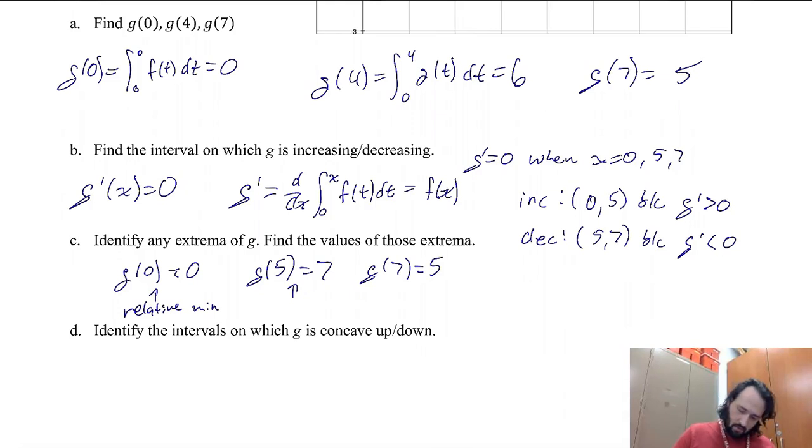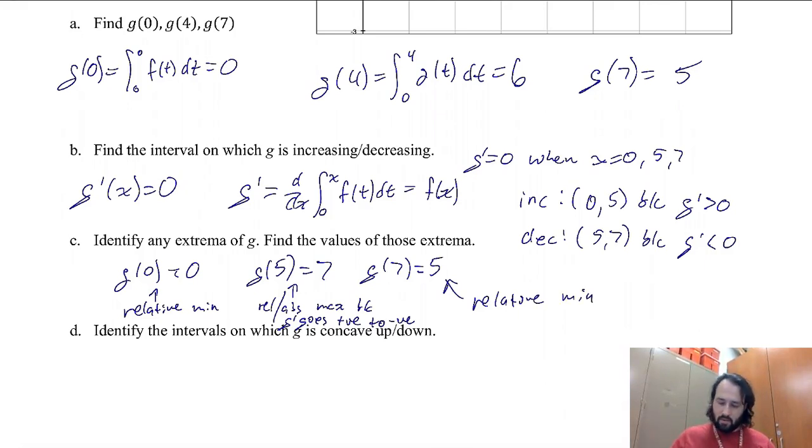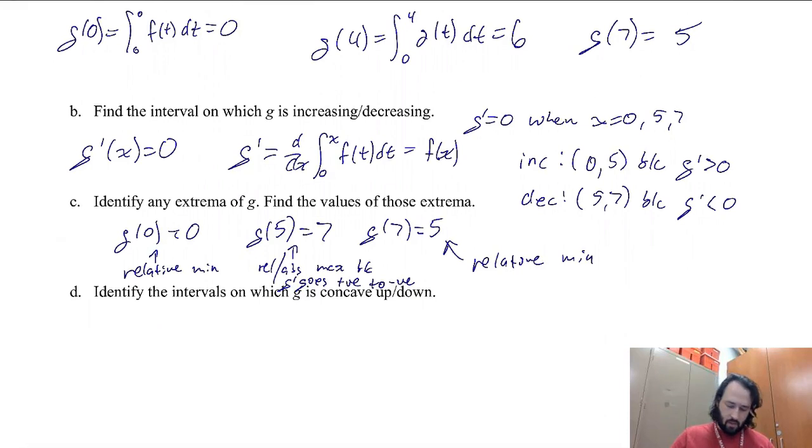I have a relative and absolute max because g prime goes positive to negative. And then I have a relative min, really just because it's an endpoint. I'm decreasing until the endpoint.